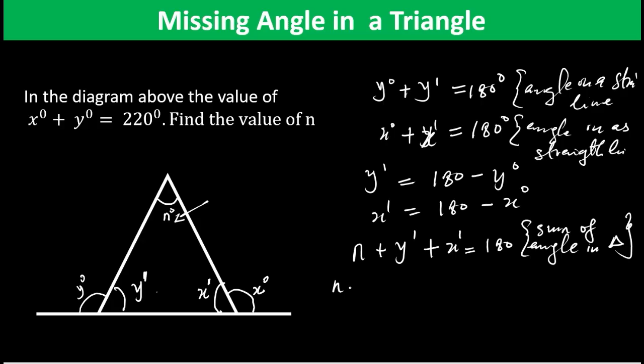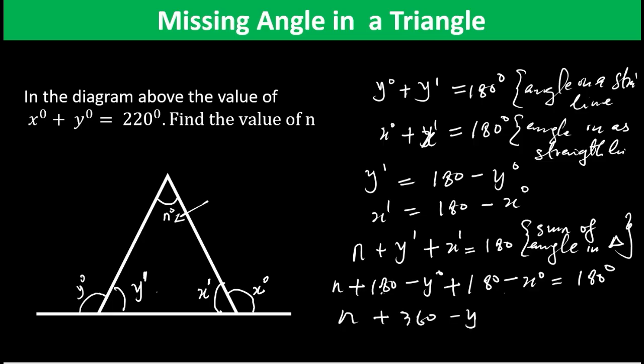Now, n plus y prime, that's 180 minus y degrees, plus x prime, that's another 180 minus x degrees, is equal to 180 degrees. So n plus 180 plus 180, that's 360, minus y degrees minus x degrees is equal to 180.